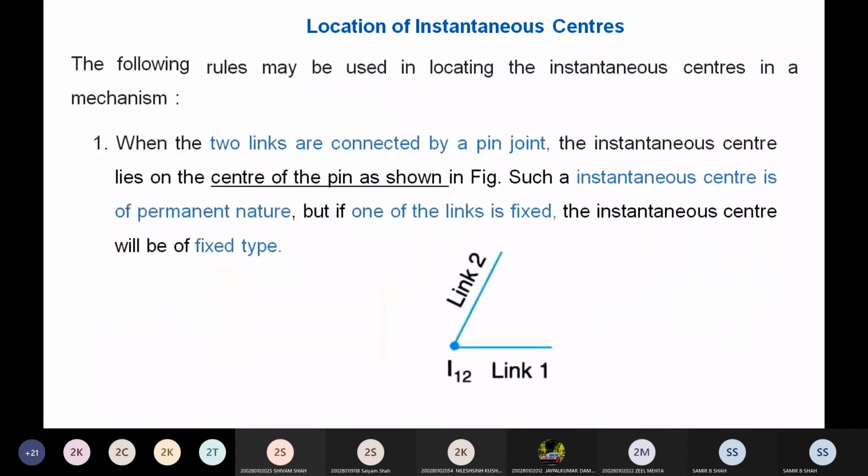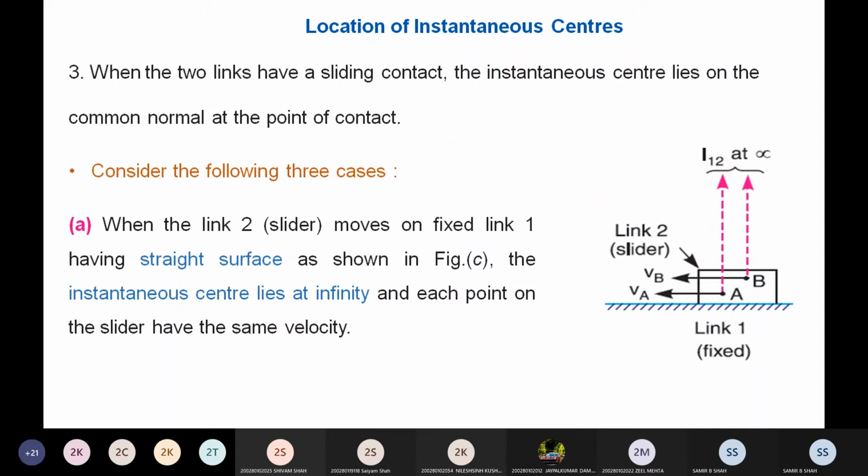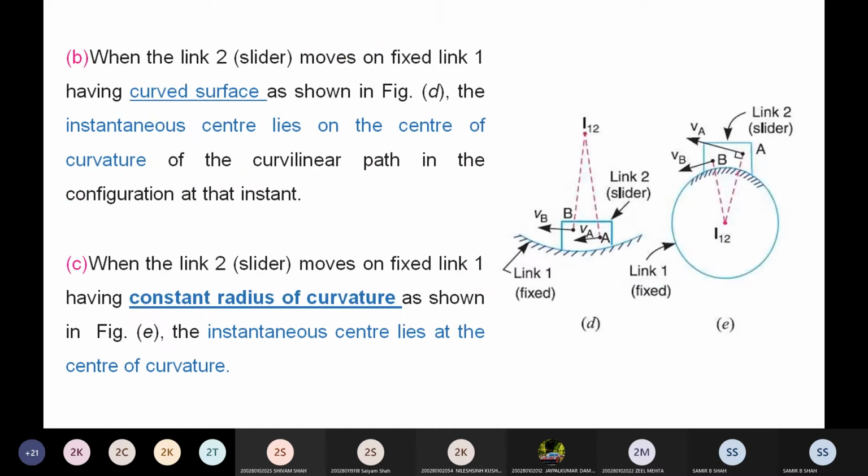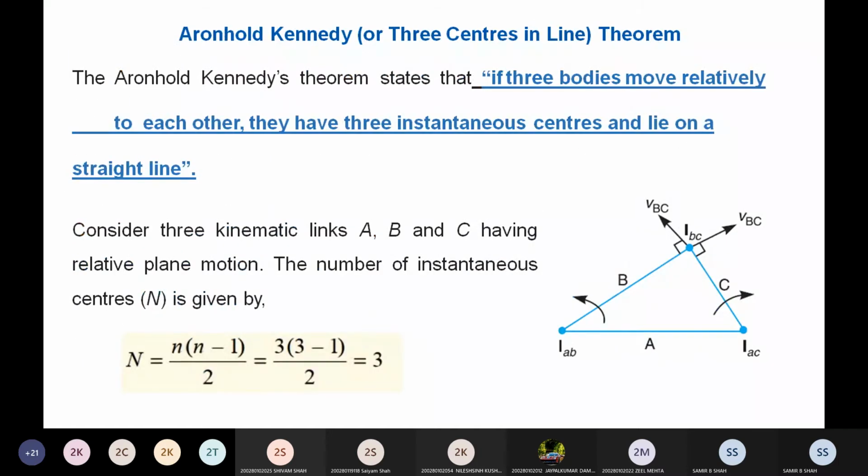So you have to remember all three different kinds of cases, and the third case with three more subtypes. Sometimes it may also be asked as an essay from a theory point of view: define the location of I center or define the rules of location of I center. So this is the second theory, and now the third theory where Kennedy's theorem is sometimes asked in your exam.